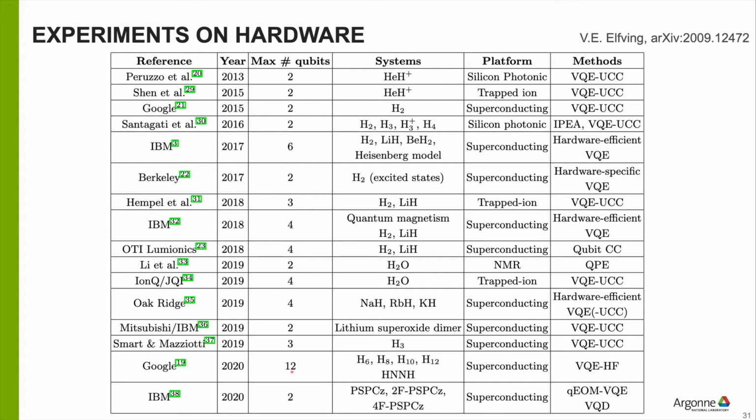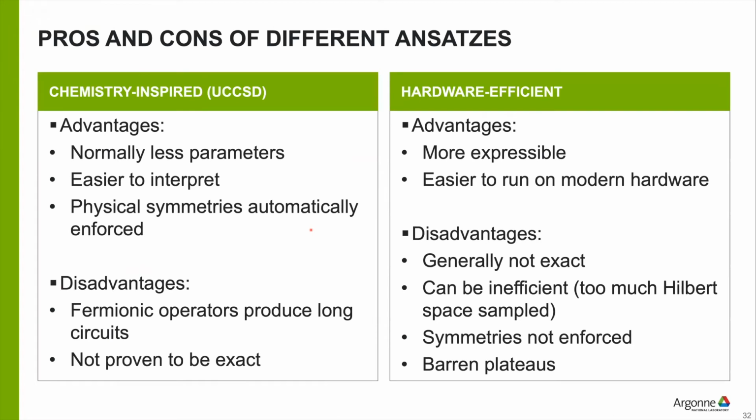In the study on 12, they did Hartree-Fock, so this is not really comparable to the other studies, but that's basically the state of the art nowadays. So most of the research is done not for computers that are available today, but for the future.